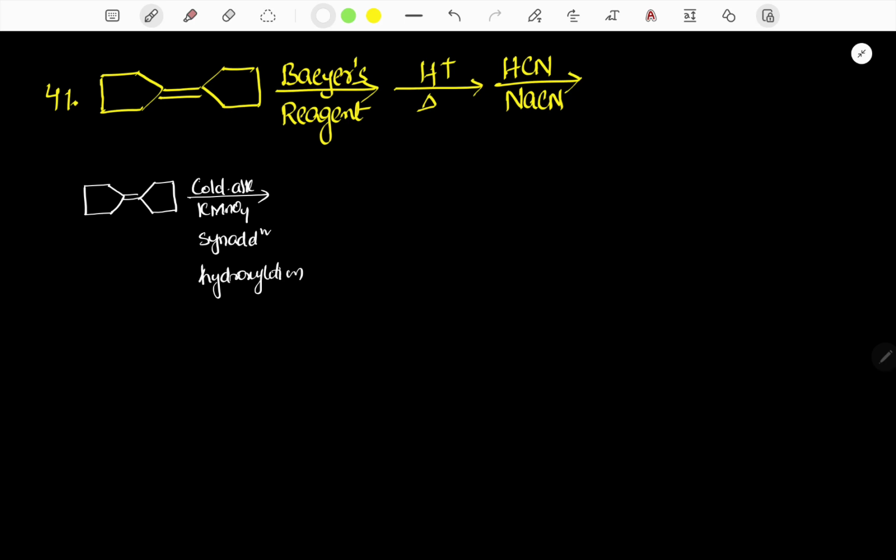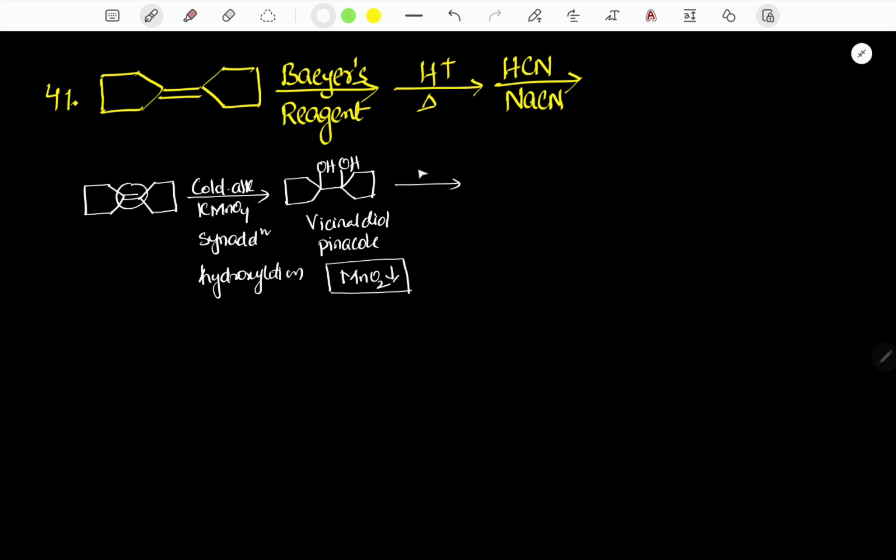So this alkene will be converted into the corresponding vicinal diol, also called pinacol. And KMnO4 will be converted into MnO2 brown precipitate in basic medium. So this reaction can be used for testing whether alkene is present or not. To test the unsaturation, we can use Bayer's reagent.